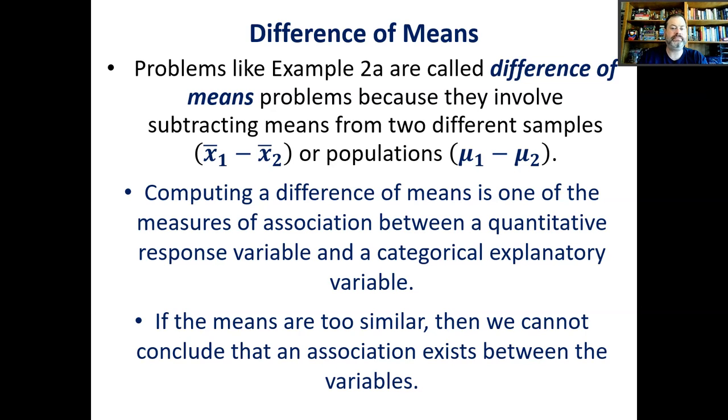There are actually many measures. If the means are too similar, then we cannot conclude that an association exists between the variables. And so if the numbers are very similar, when you subtract the means, you will get a number close to 0, which tells us there either isn't a difference, or if there's a difference, it isn't very big, so it's not significant.